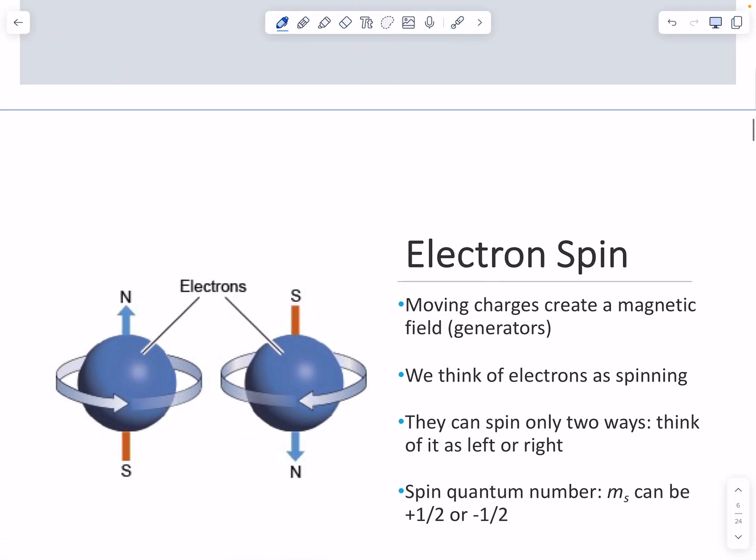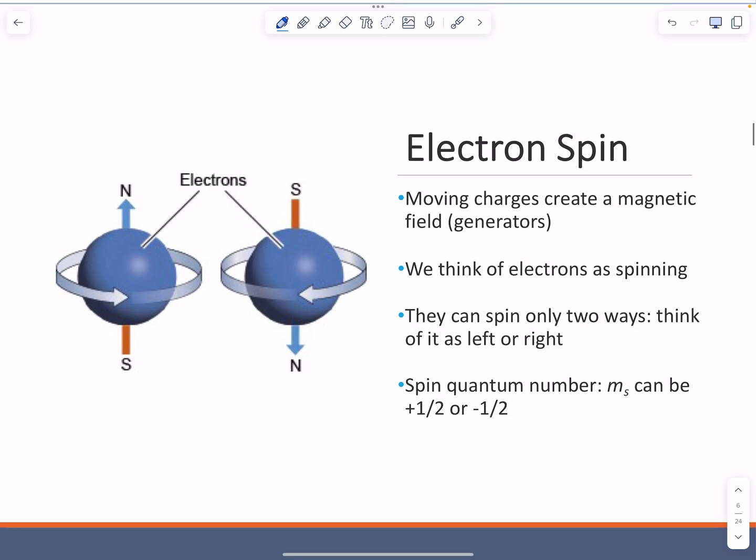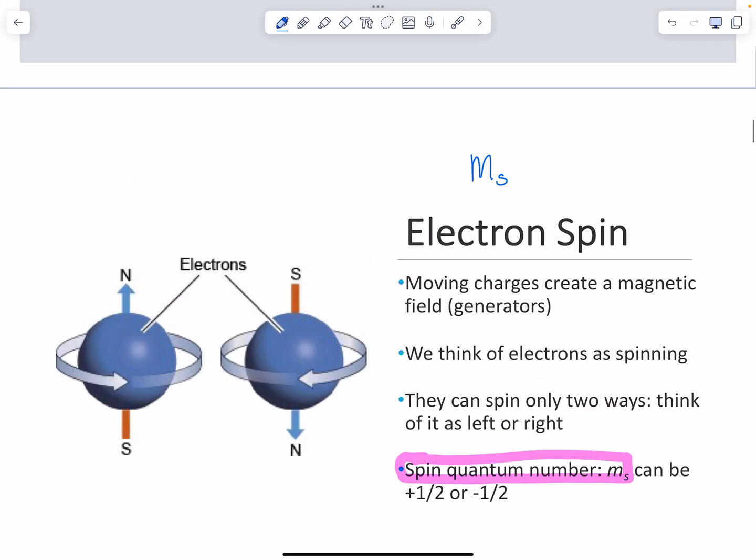So what is that fourth quantum number? We call it the spin quantum number. We use the symbol m sub s for the spin quantum number. Oops, it's a little s.